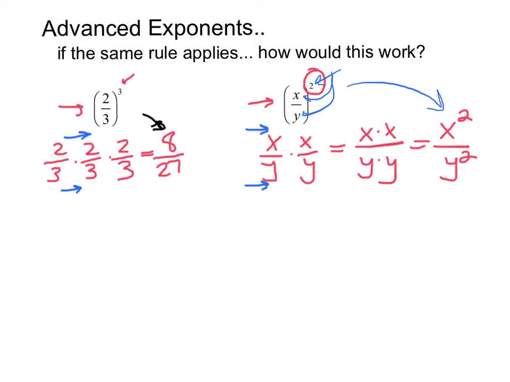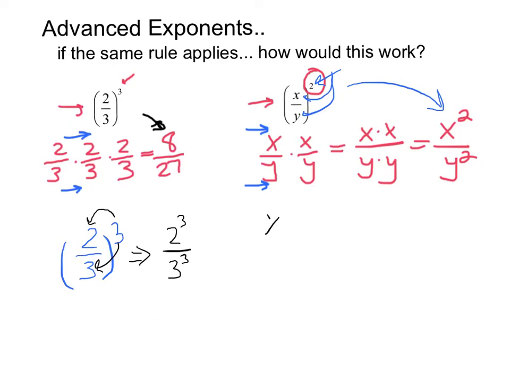And our fraction just ended up being x over y. But now that we had the power of 2, look what happened. In a way, it kind of got distributed. So with 2/3 to the third power, we took this 3 and distributed it here and here, and what we came up with is 2 to the third power over 3 to the third power.